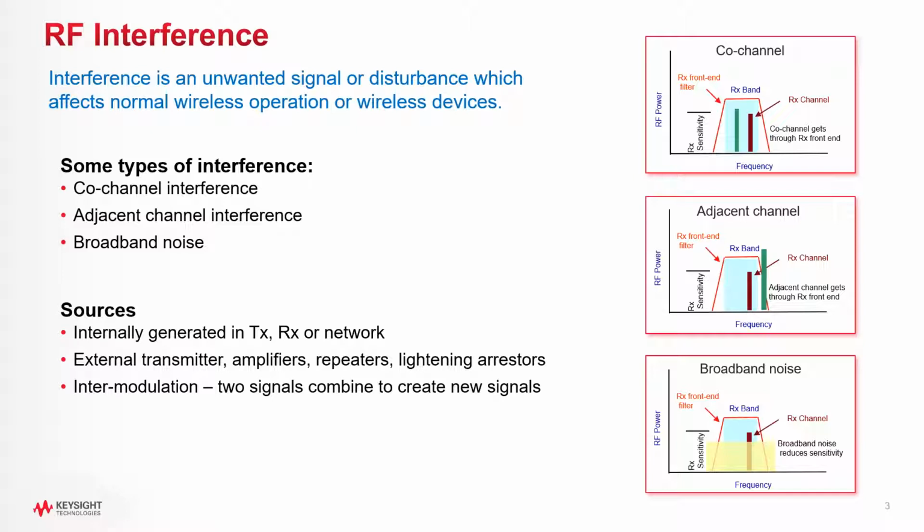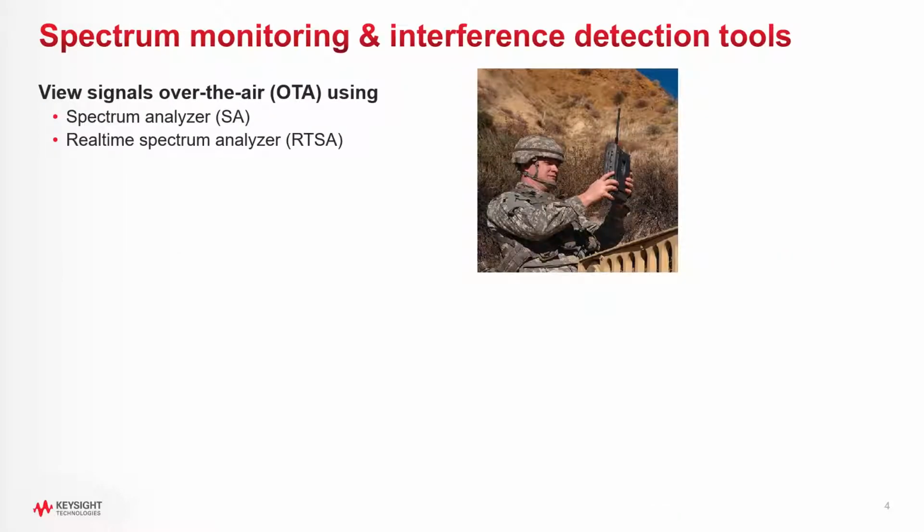Independent of the source, we need to be able to detect it and find it and know where it is. So what kind of tools do we have to use to do interference monitoring, and especially detection, spectrum monitoring, interference detection? So primarily, people use spectrum analyzers.